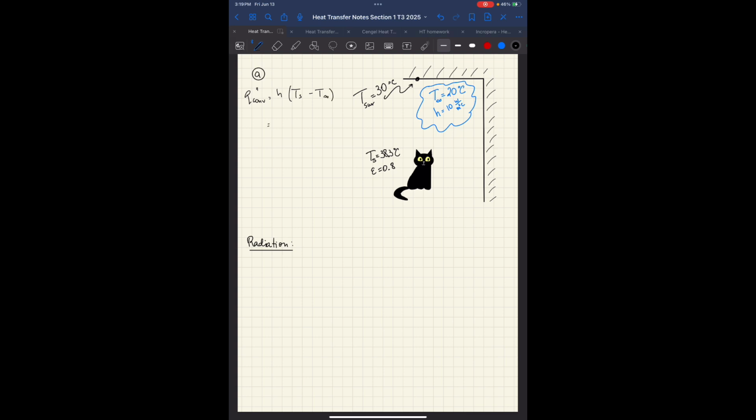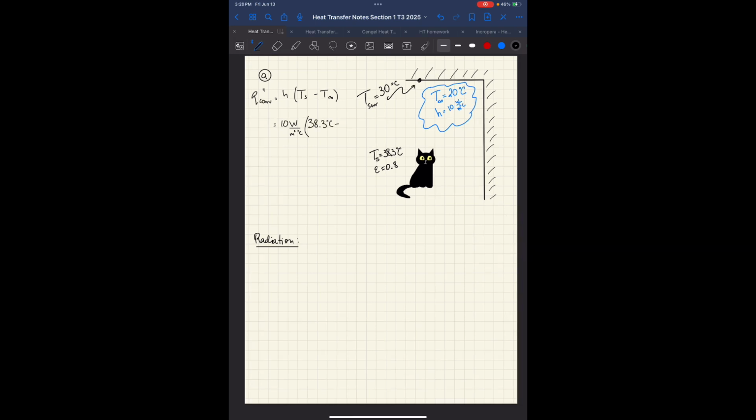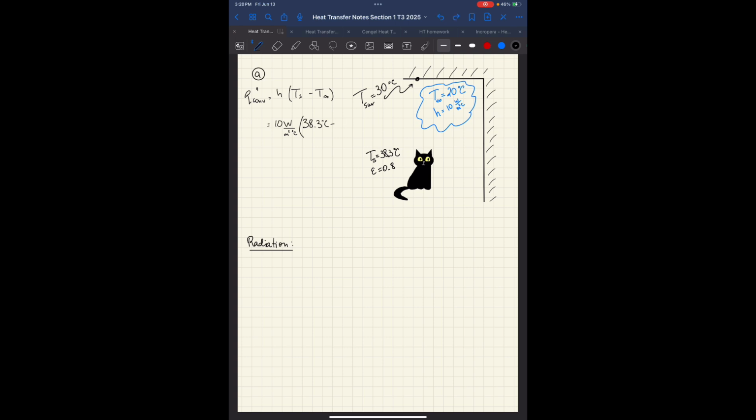So they give us the H, 10 watts per meter squared degrees Celsius. Ts is the surface temperature of the cat. T infinity is 20. So then if you calculate the numbers, the convection flux is 183 watts per meter squared.